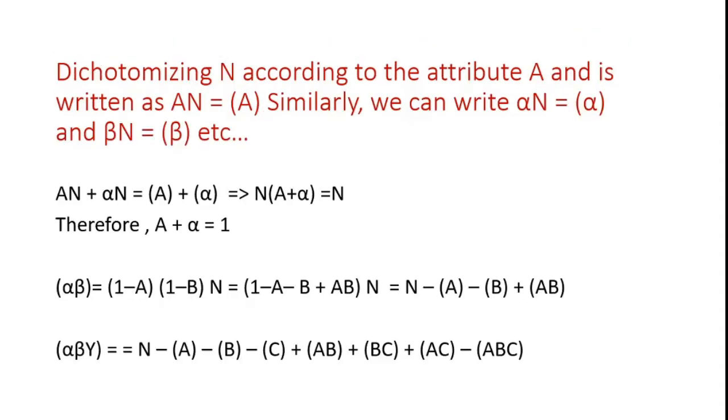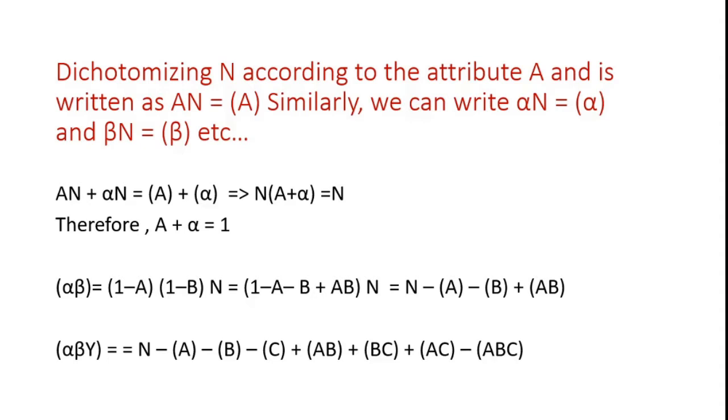So, the symbolic representation: if we have an attribute called A, an attribute called B, and an attribute called C, these are three different attributes. A could be honesty, B could be intelligence, and so on. Each will have its own complement.